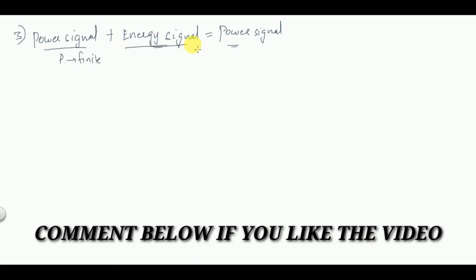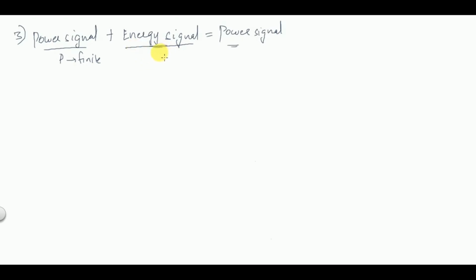And for an energy signal, what is the power? For an energy signal, power is equal to 0. So finite value plus 0 is also a finite value. So power will be finite only. Since power is finite, it becomes a power signal.